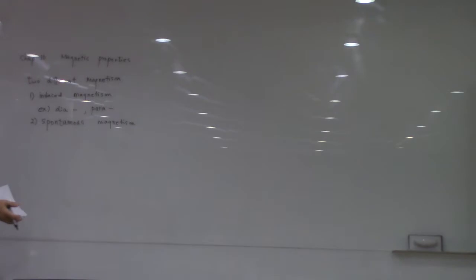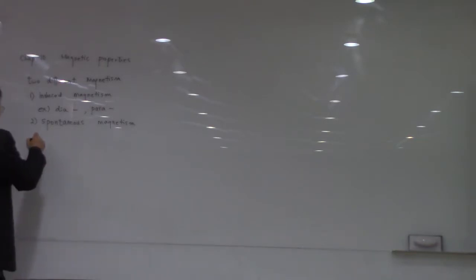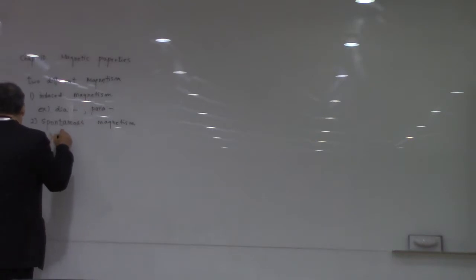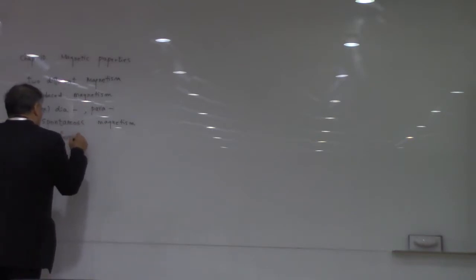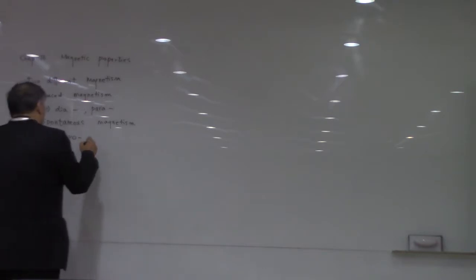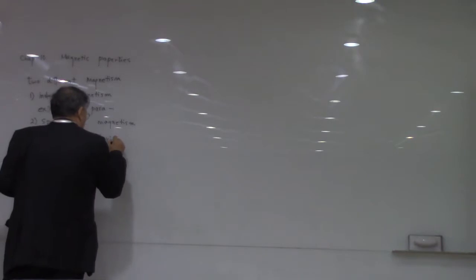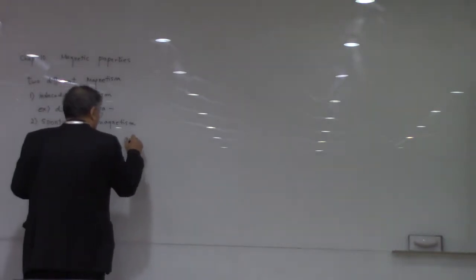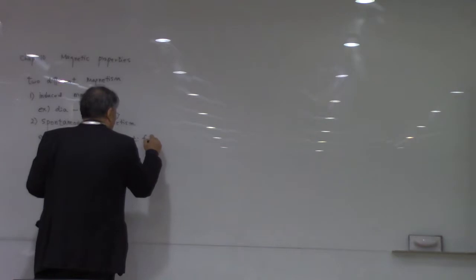Once it is magnetized, the material shows the magnetism even without the external magnetic field, and that is ferromagnetism and ferrimagnetism and anti-ferromagnetism and things like this.